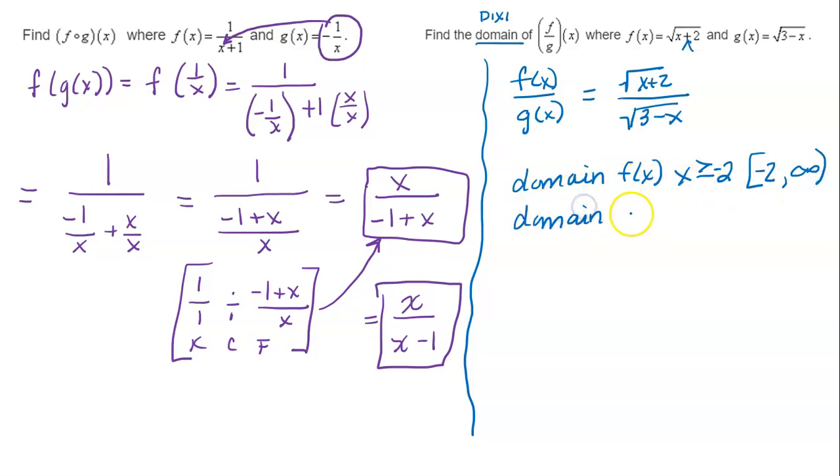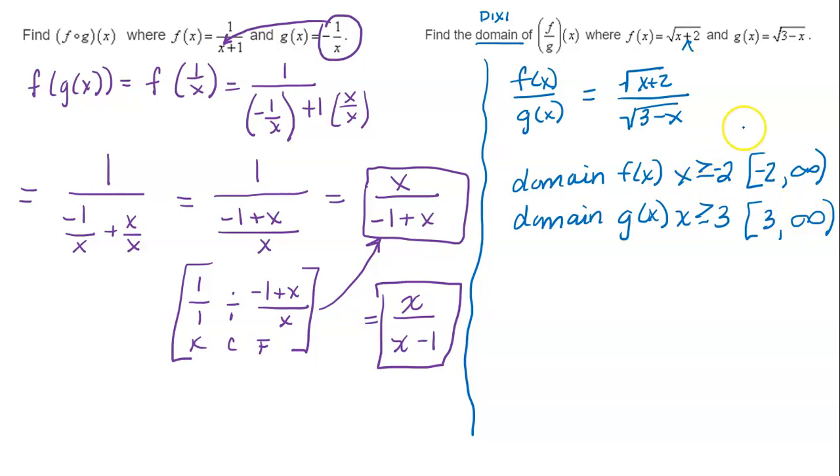My domain of g of x is that it can't be 3. It has to be greater than or equal to 3. So we could do this to infinity. Nope.